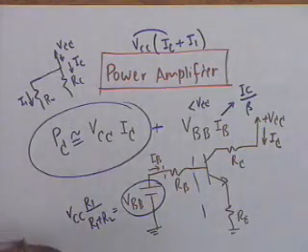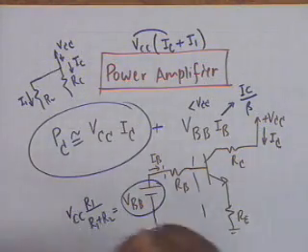Why not possible? Because to establish the Q point, you require a DC voltage between the collector and the emitter. VCE is a necessary evil, if it is an evil. And if there exists a VCE through which a current I sub C passes, VCE times I sub C must be the power dissipated in the transistor.